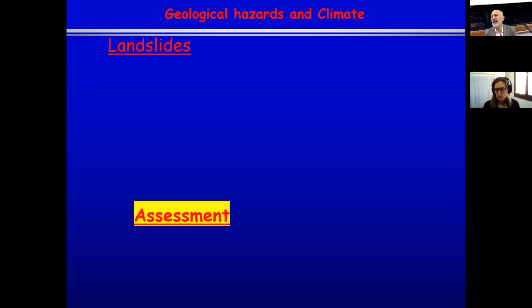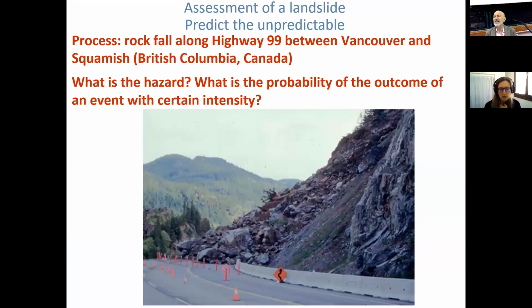The assessment, we could say also the forecast, la previsione, of the landslides and the increase of the risk of landslides due to the increase of meteoric events. This basically is an issue of probability. And one main pathway to assess the probability of landslide occurrence is to have a good monitoring, a good recording, a good observation network of landslide processes in order to forecast the future development.